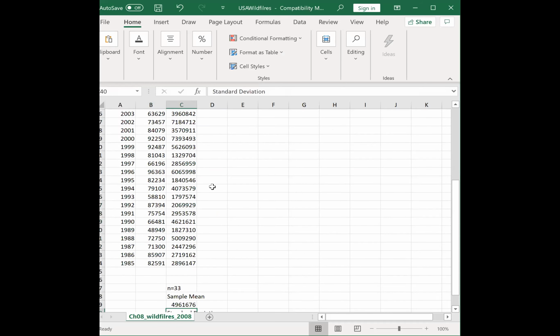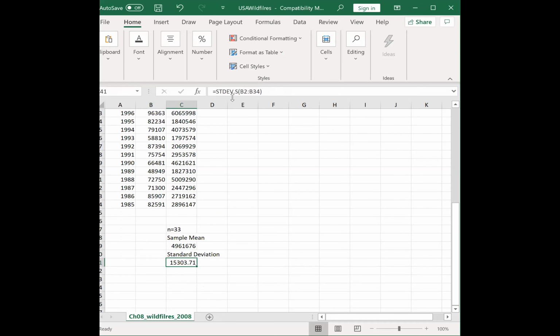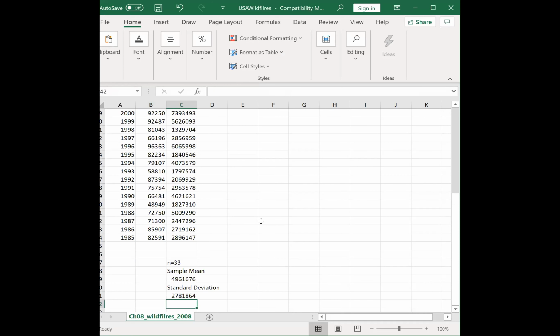The sample mean, and the sample standard deviation. Okay, so let's go over to our whiteboard and record this information.